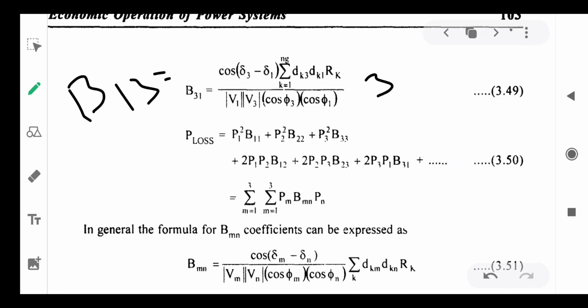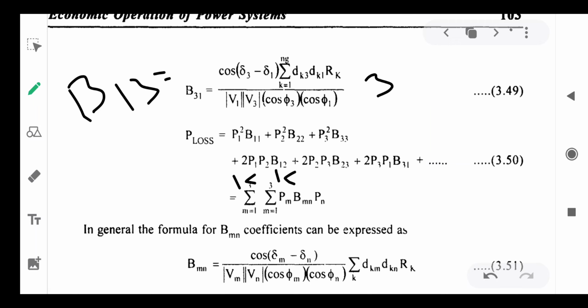So it can be expressed in generalized form: sigma m equal to 1 to k, here it is 3, of Pm Bmn Pn. This is the last formula.